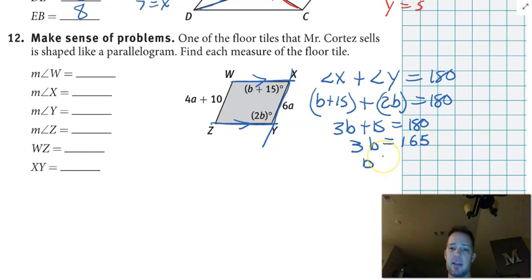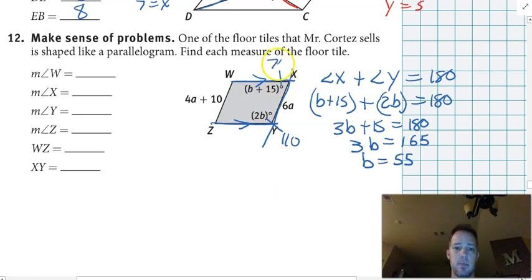So B is 55. And we can plug it back in just to make sure. So 55 times 2 does equal 110. And 55 plus 15 is 70. There we go. So those are supplementary, 70 and 110.